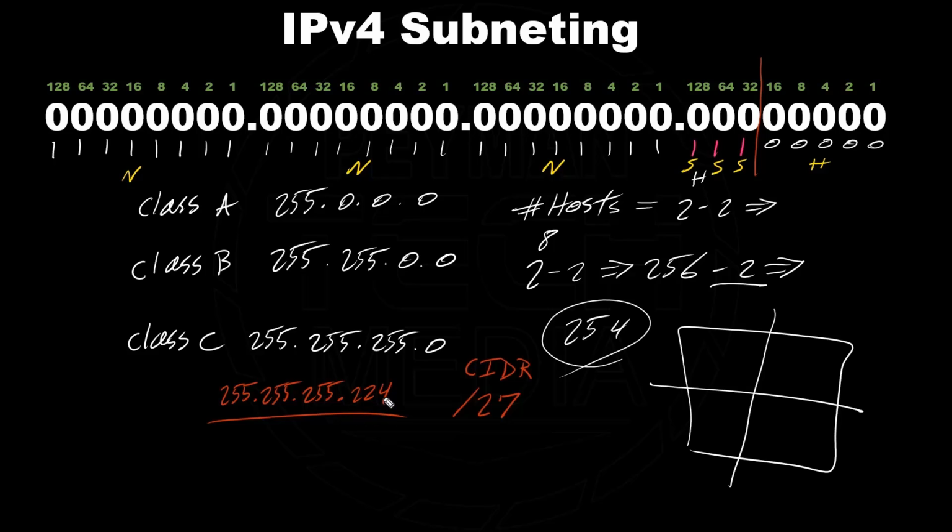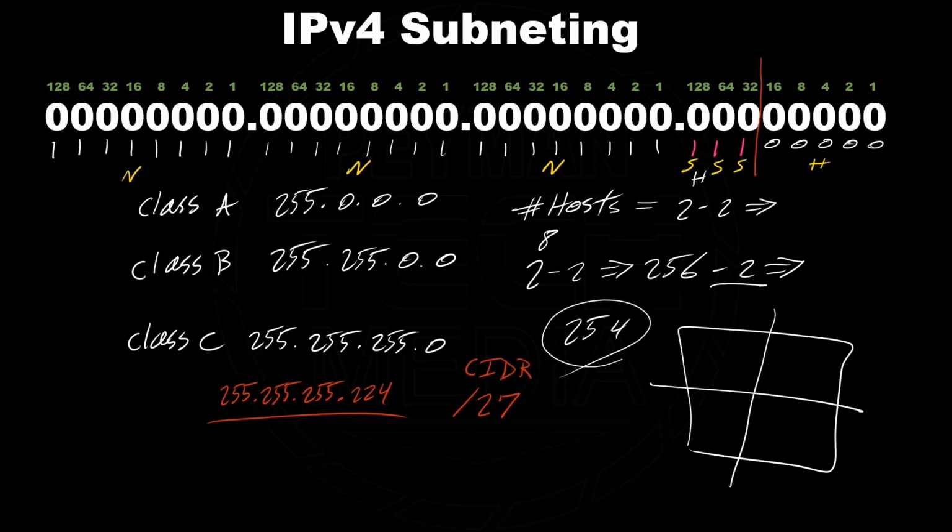So remember, every octet that has all 8 bits turned on is 255. This is the first octet, all the bits turned on, 255. The second octet, all the bits turned on, 255. And the third octet, 255. And here we can see on the last octet we have only 3 bits turned on, so that gives us 224.